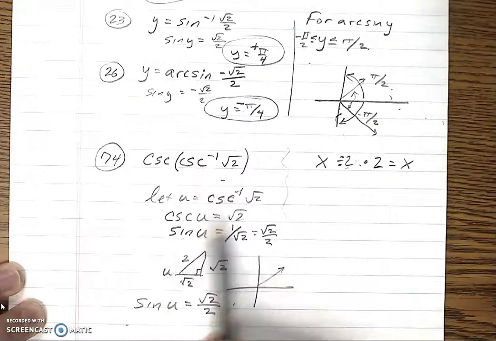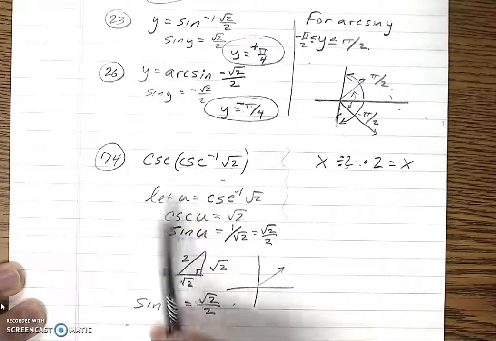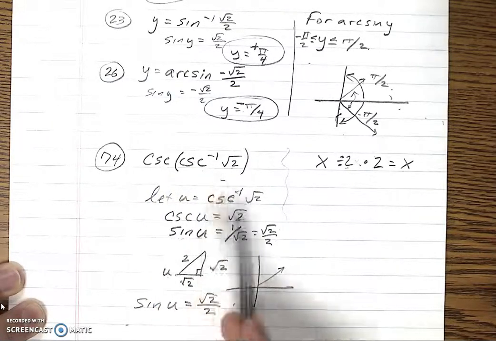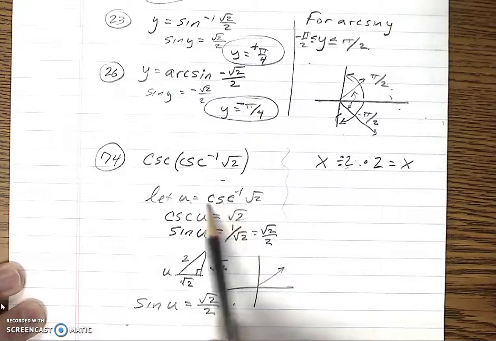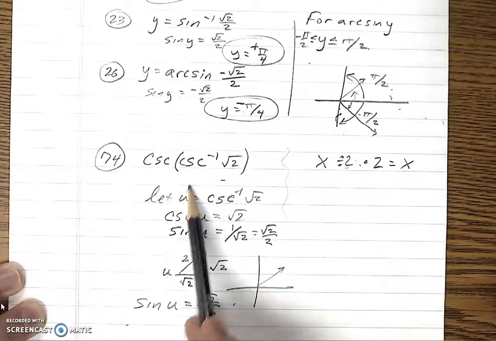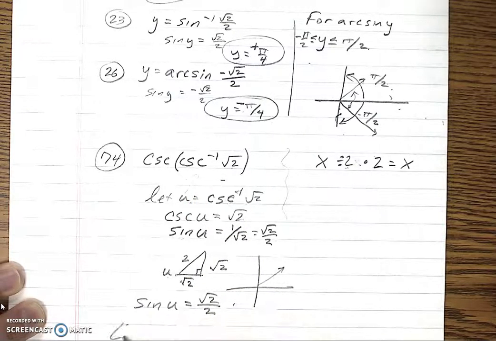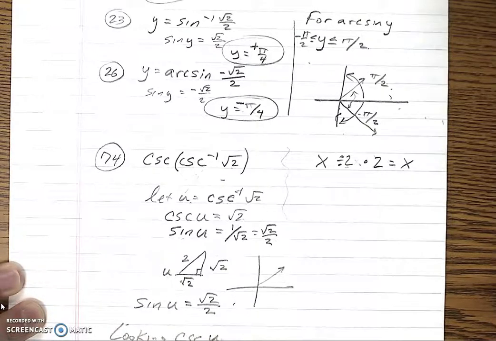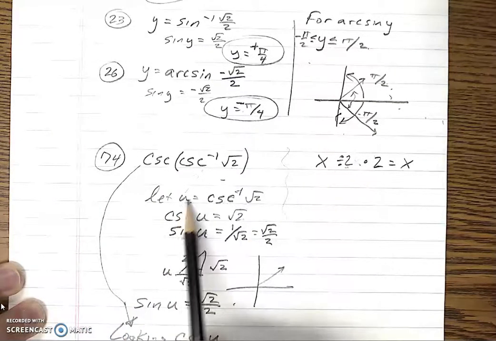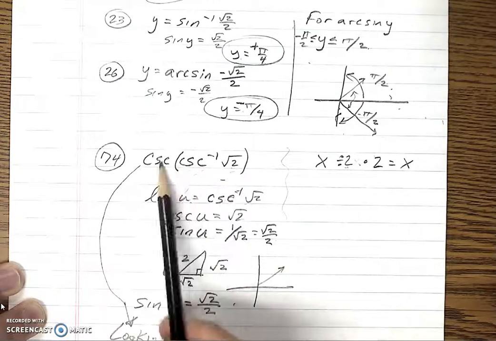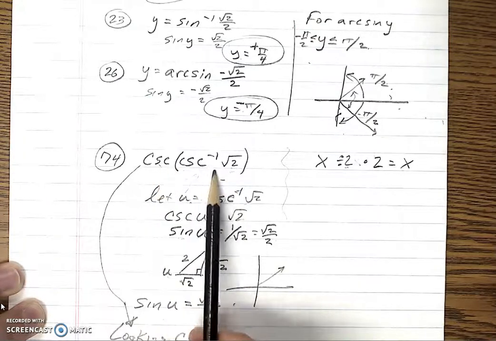And so then, coming back full circle, what we really needed to find, since u is this, we can substitute that in. We've been looking for the cosecant of u from all the way back here. Does that make sense? So u is this. We really wanted to find the cosecant of u.